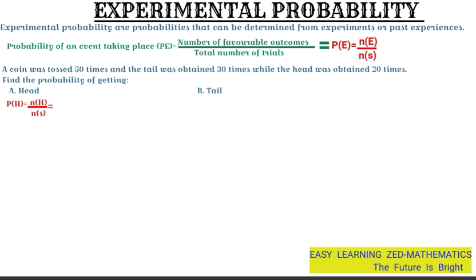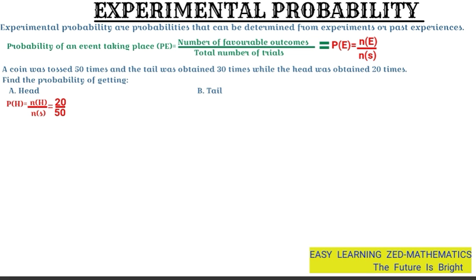How many times did the head come on top when the coin was tossed 50 times? It was 20 times, not 30 times. The head was on top for 20 times. How many times was the coin tossed? It was tossed 50 times, so we're going to say over 50. That is the total number of tosses of the coin.